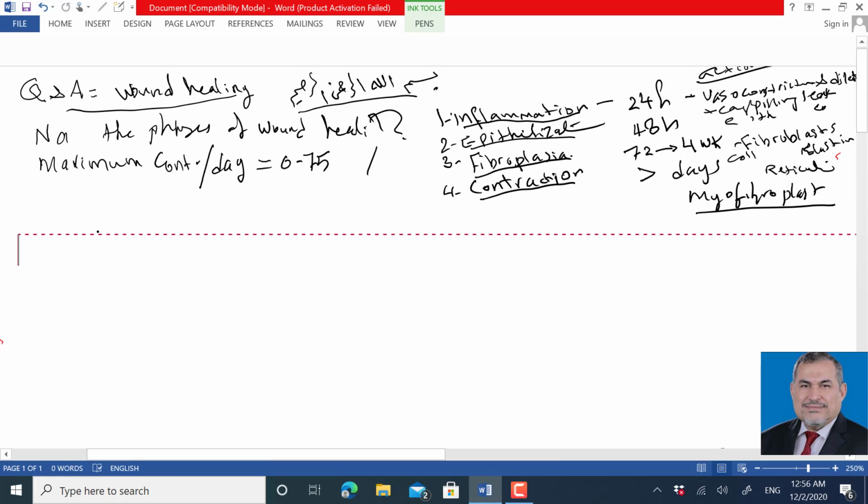What factors inhibit wound healing? First, anemia. Second, malnutrition.